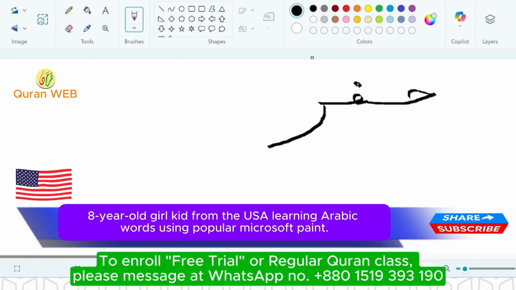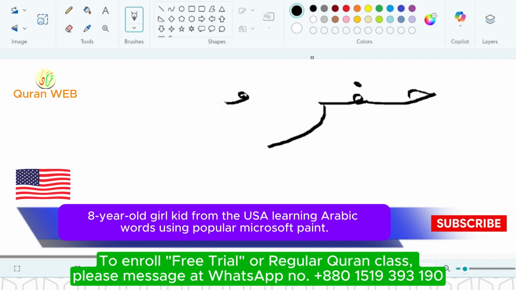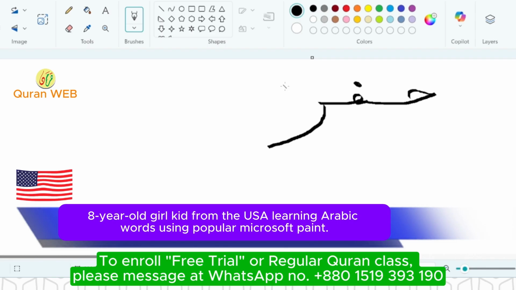Can you read this word? Ha. I need help. Yeah, this is... who was this alphabet?